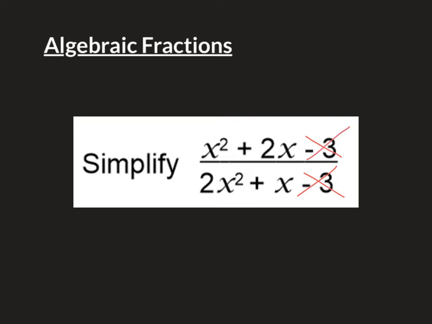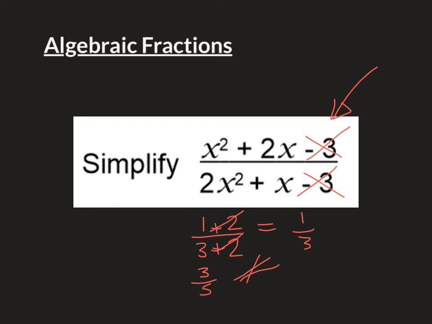Imagine I have 1/3 and I've got this, which is 3/5. If I crossed that out, I'd be left with a third, which is obviously not the same. So you cannot do this. Please do not do this.